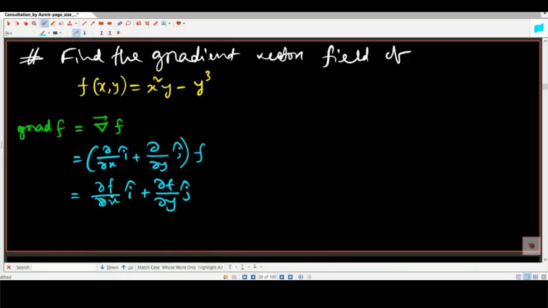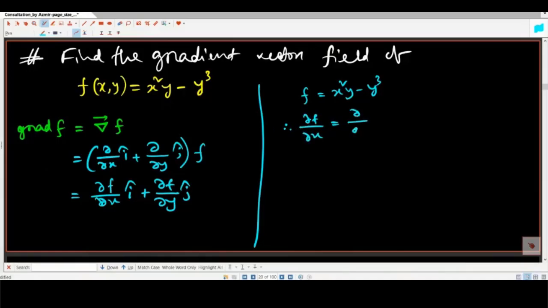So now we have to find the partial derivative, this one and this one. So let's do the partial derivatives. Here f equals x squared y minus y cubed. So ∂f/∂x will be ∂/∂x of f.